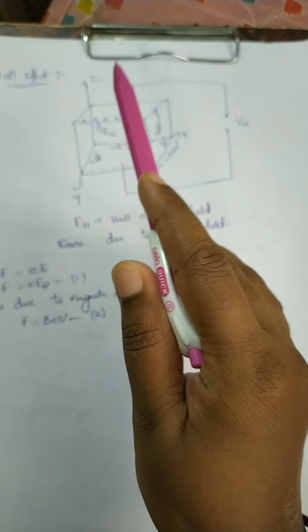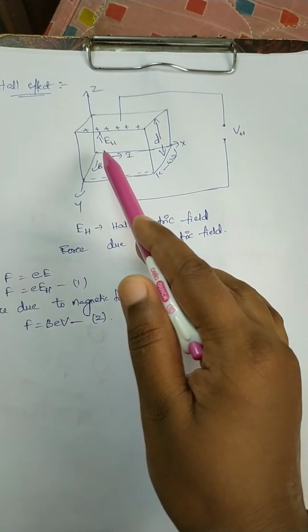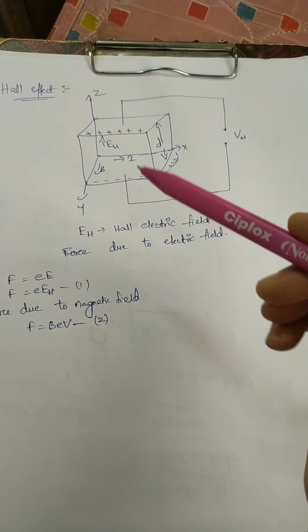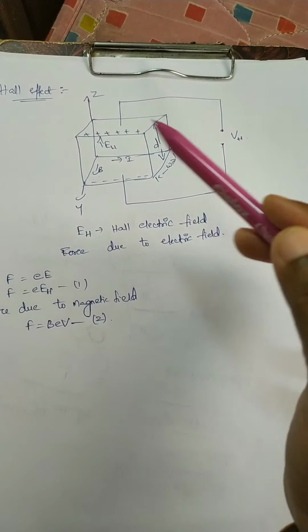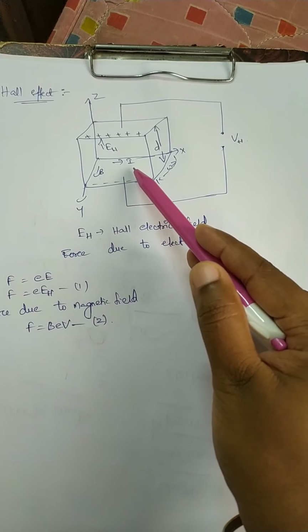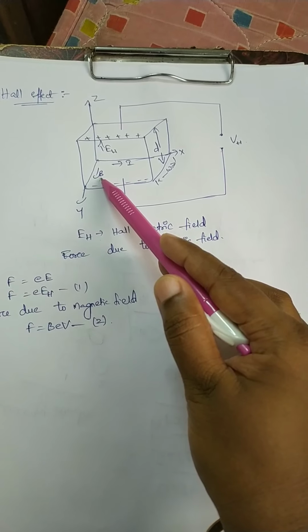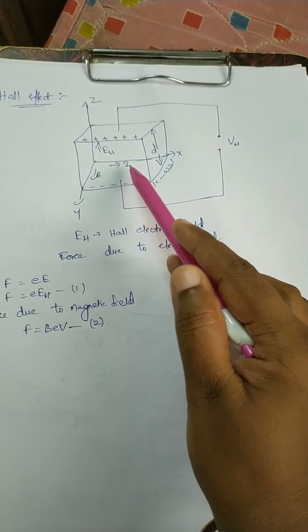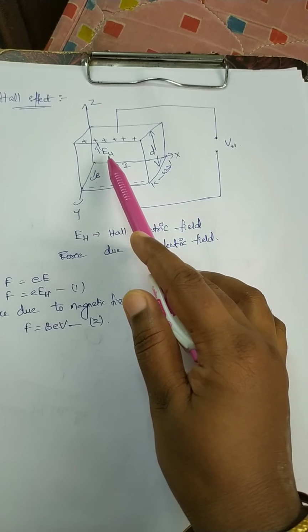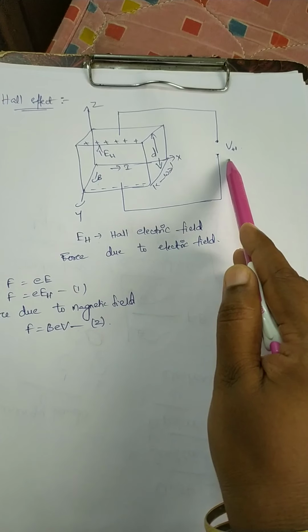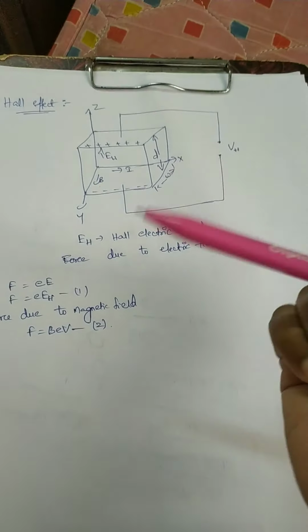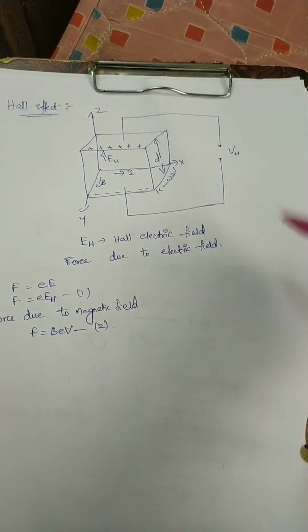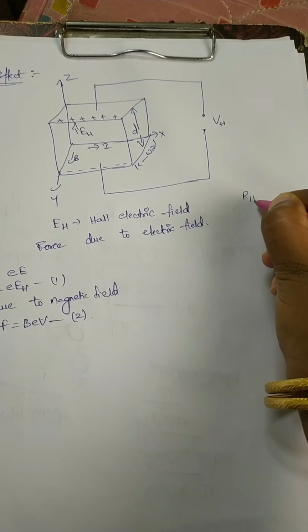When a current carrying semiconductor is subjected to a transverse magnetic field, an electric field is developed across the semiconductor in a direction perpendicular to both the current and the magnetic field. Here we have to find the values of the Hall electric field, Hall voltage, and Hall coefficient RH.